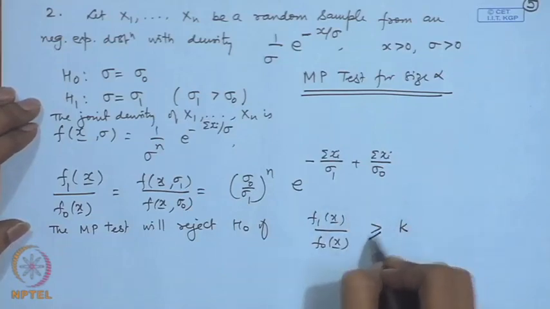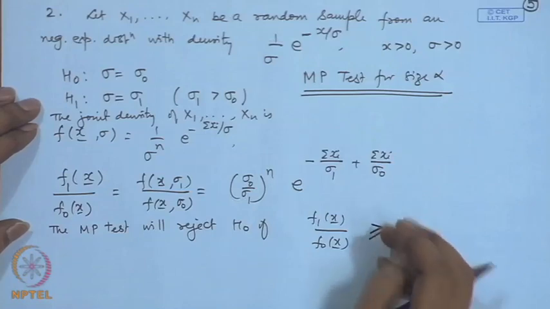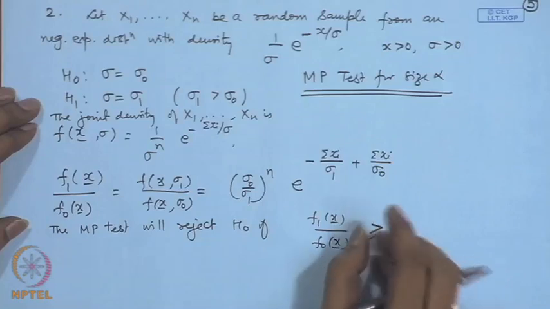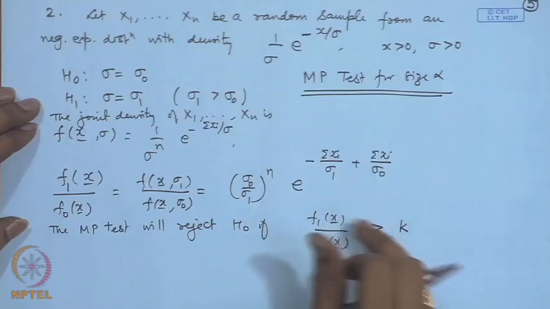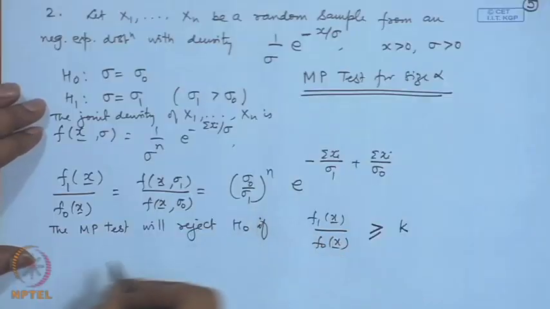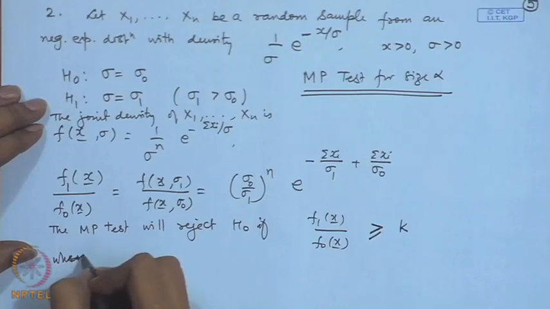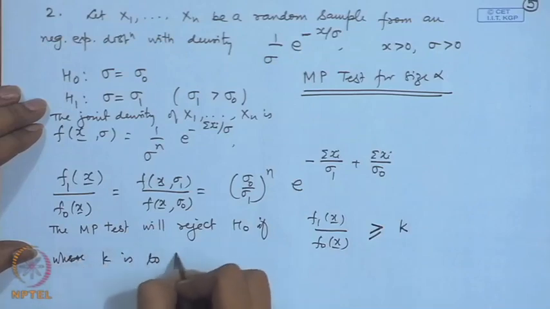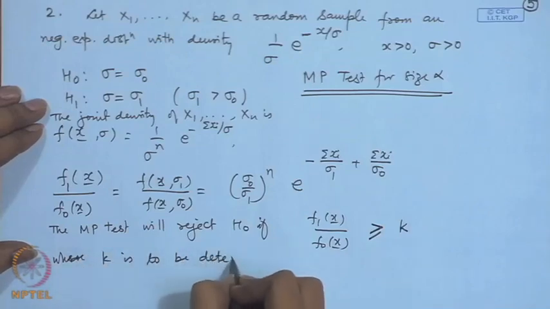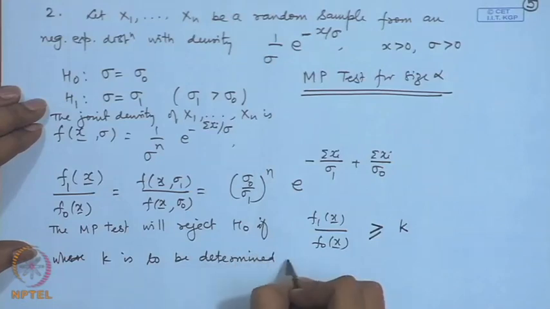Therefore, we may include this equality point in the rejection region. We may put it in the acceptance region also, it does not make any difference in the nature of the test, because the probability of equality will be 0. So, k is to be determined by the size condition.